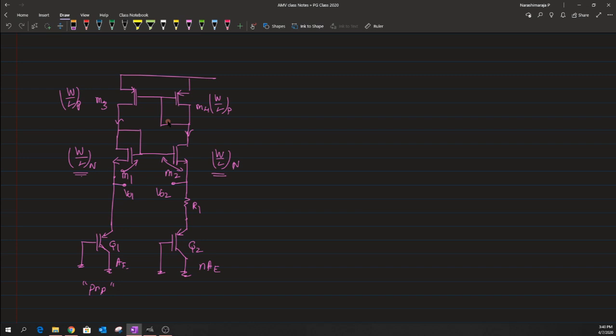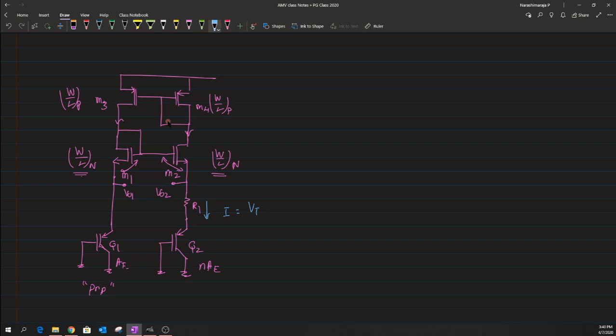Clear? Yeah. So now in this case, let us try to evaluate the value of this R. As I said before, the current that is flowing through this particular branch, or through the resistance R, can be written as I, that is equal to the drop across this resistance, which, as I stated, represents the positive temperature coefficient term, or PTAT circuit.